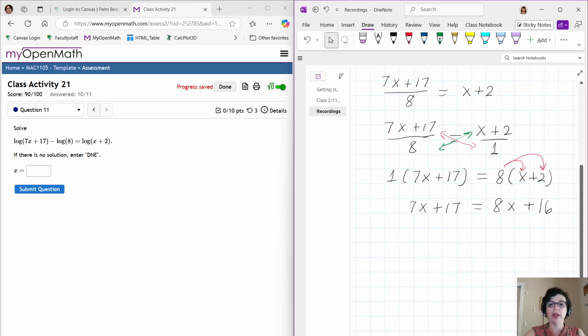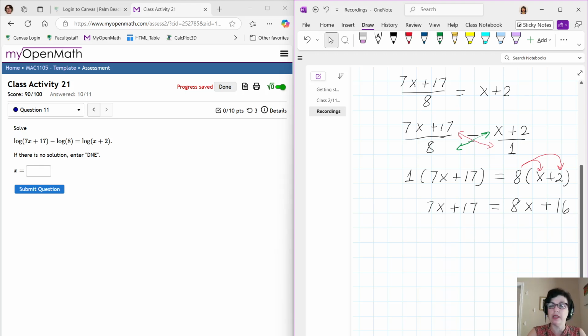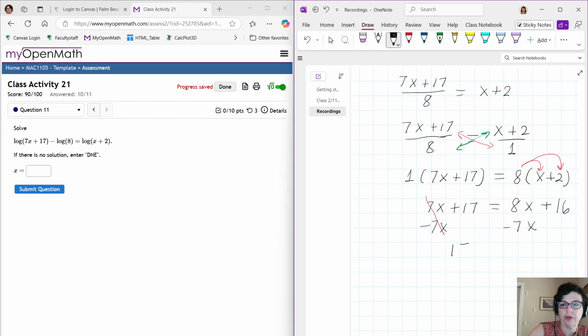All right, now that I have something like this, I want variables on one side and a number on the other side. Well, I like to leave positive coefficients of x, so I will subtract 7x from both sides, and that will cancel it here. And I'm going to get 17 equal 8x minus 7x.